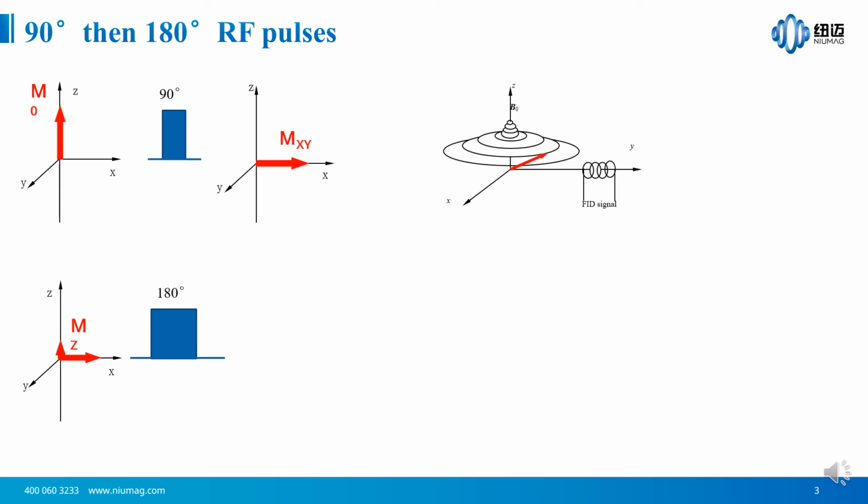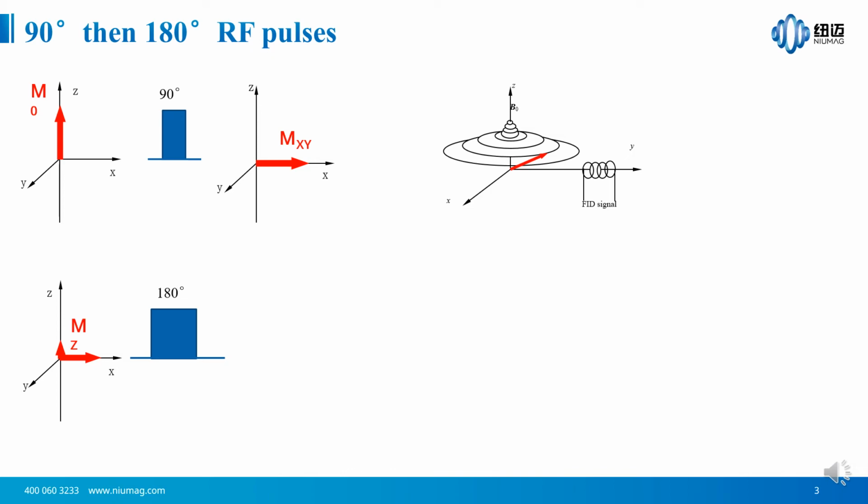Now let's apply a 180-degree pulse. At this time, the recovered longitudinal magnetization vector is deflected by 180 degrees to the minus z-axis.